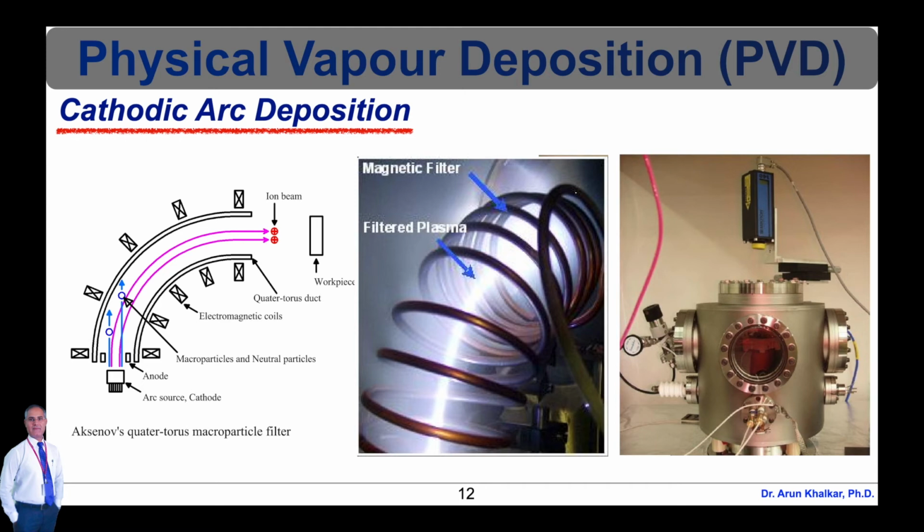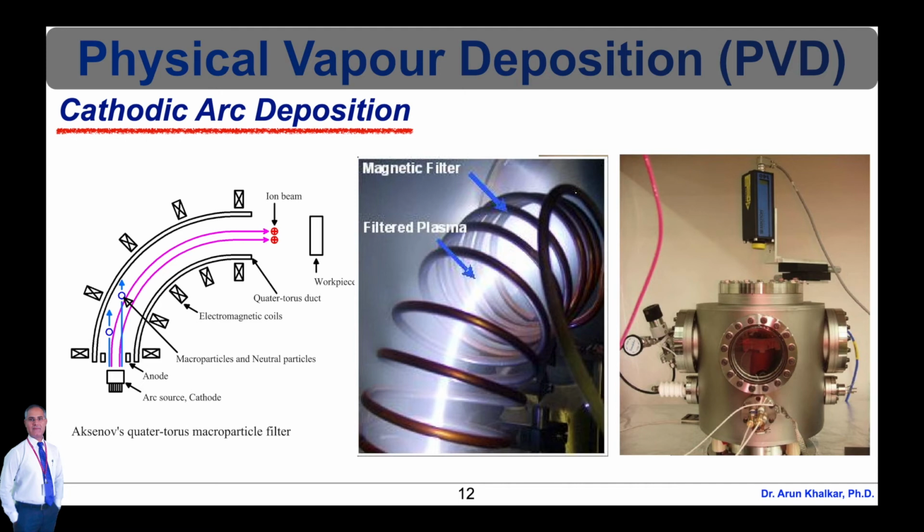The arc evaporation process begins with the striking of a high current, low voltage arc on the surface of a cathode known as the target, that gives rise to a small, usually a few micrometers wide, highly energetic emitting area known as the cathode spot.